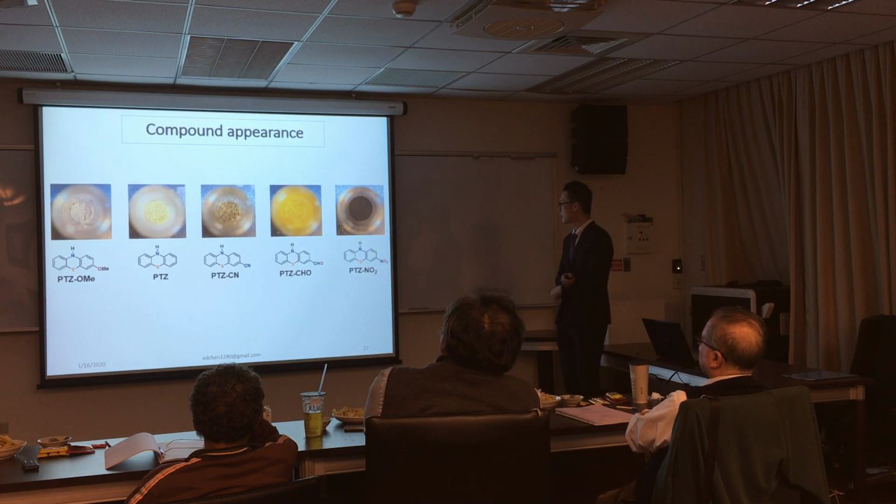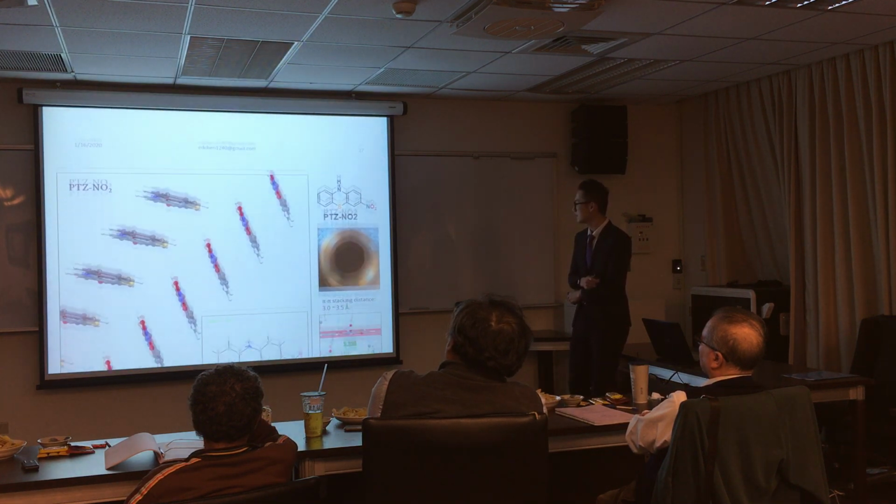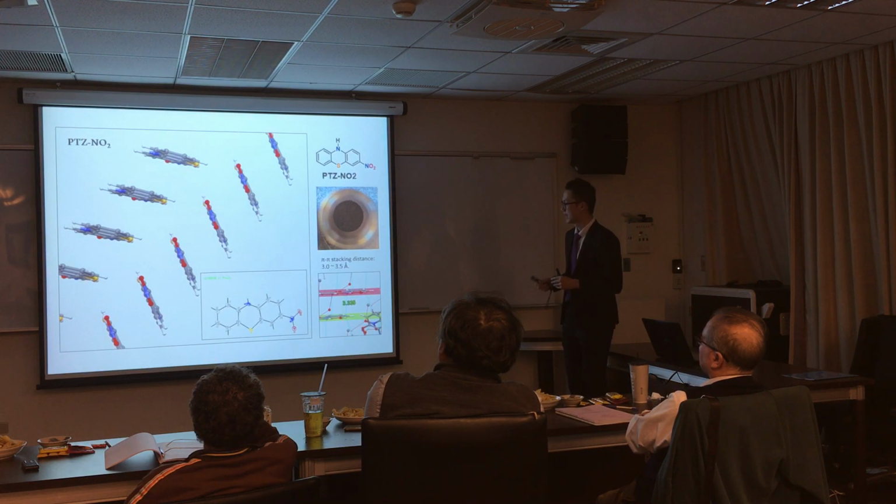And here is the compound appearance. These compounds have very weak fluorescence in the solid state under handheld UV light. And this is quite interesting. It's very black, so we decided to investigate why it is black. It turns out that in its single crystal, it has a very organized packing.